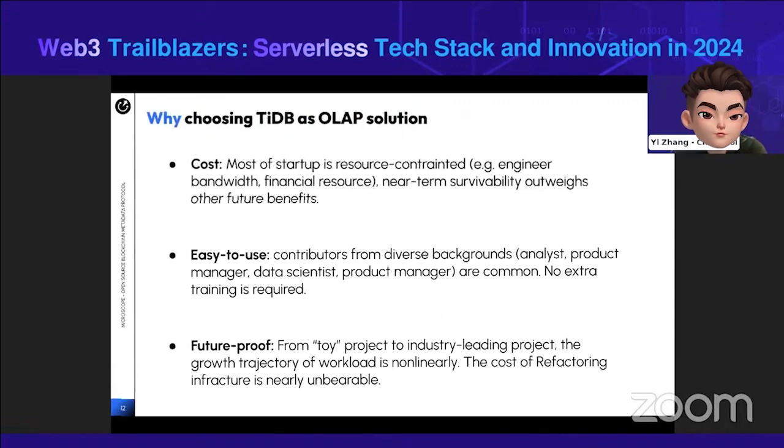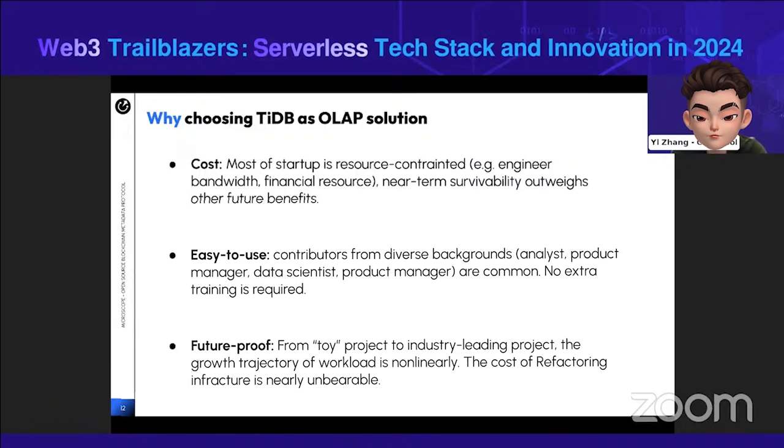Okay, I think this is mostly the exciting slide for today's conversation. As a startup, when we're choosing infrastructure, there are a bunch of considerations in my mind. First of all is cost. Building a startup is very resource constraining regarding engineering bandwidth and financial resources.